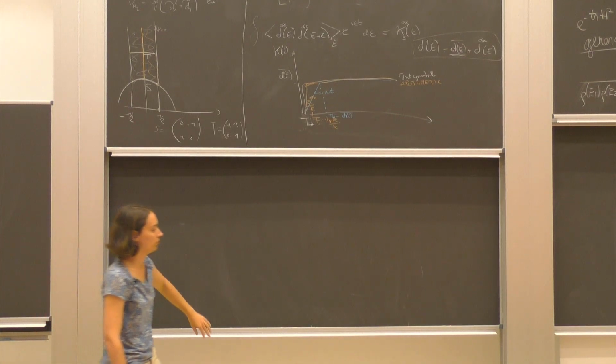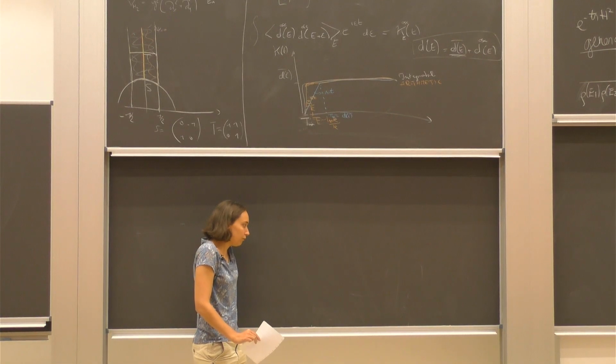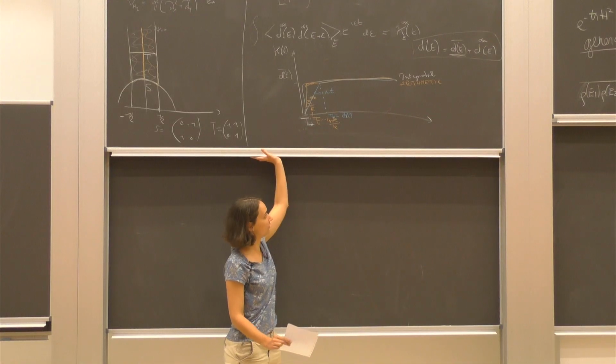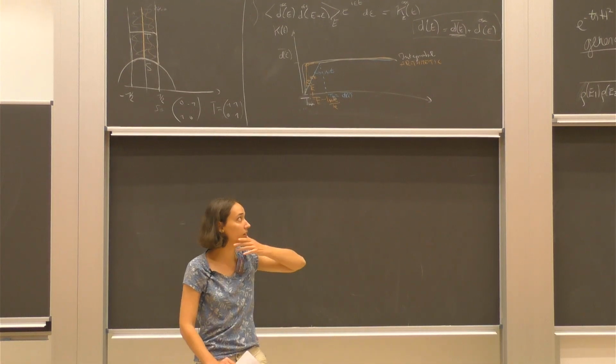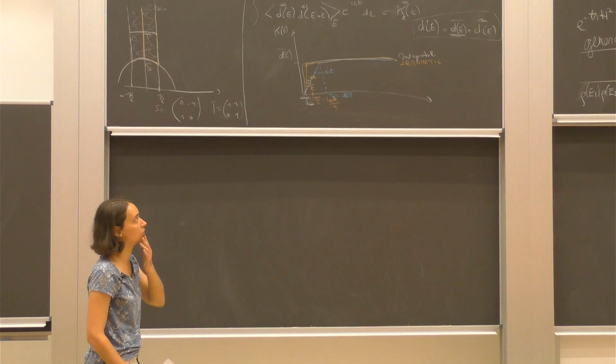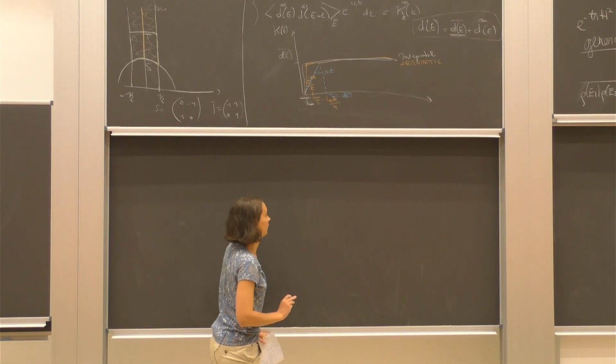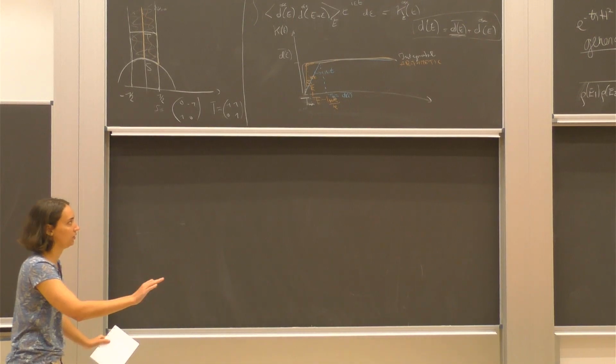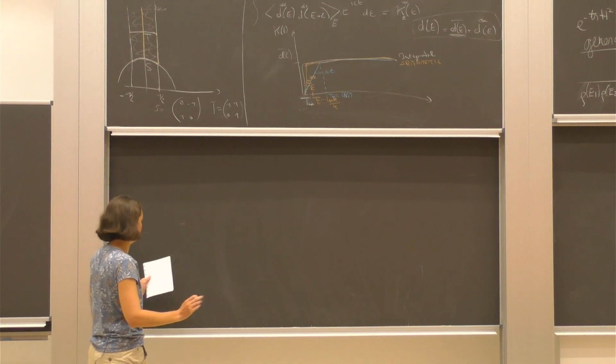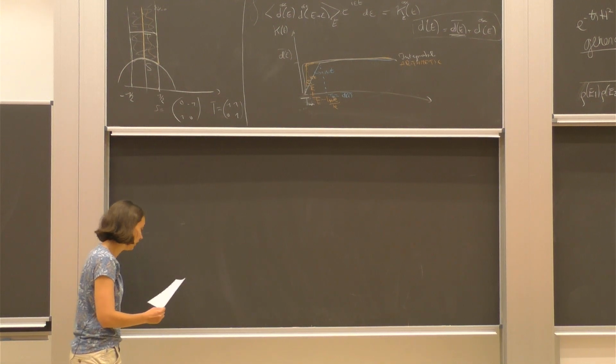I think it would be fun if during the tutorials we could go through an integrable example where we compute some things, just for you to get some feeling for it. But let's see how things go. In any case, I'll put it in the notes as an exercise because it's a very nice thing to work out.